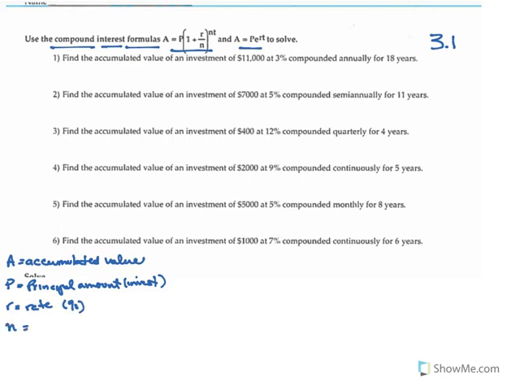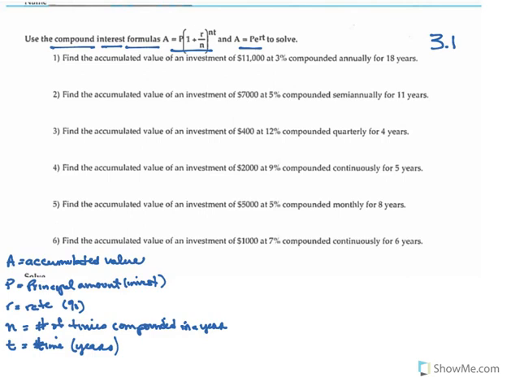The N is going to represent the number of times compounded in a year. And T represents the number of years, or the time in years, okay? Everything is just substituted into the variable component that it represents.